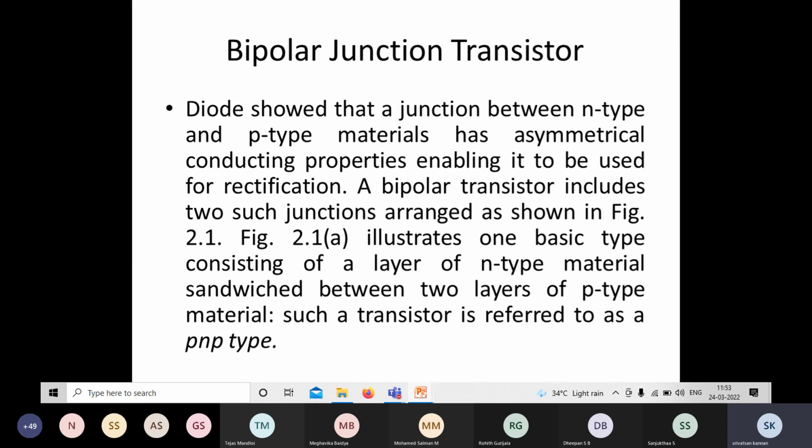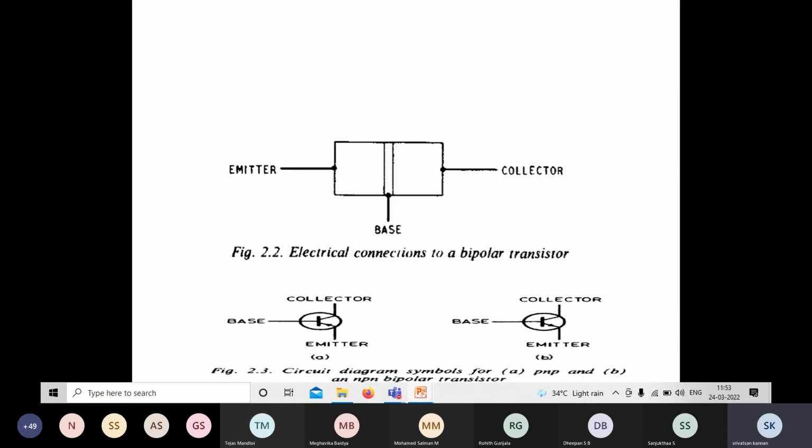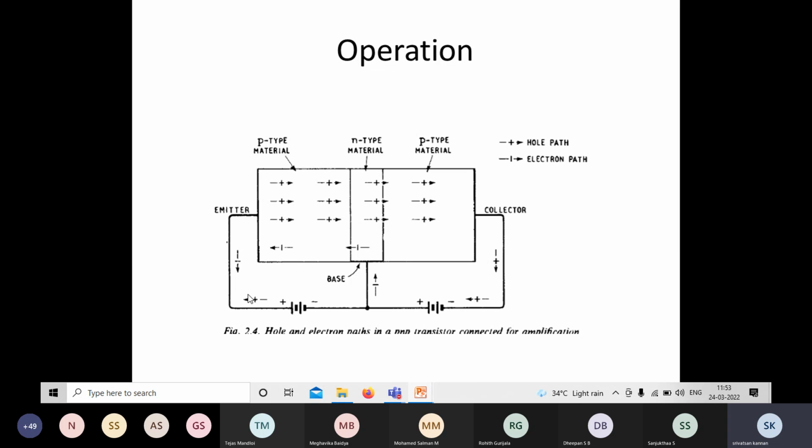And so we have the terminals emitter, base, collector, and the emitter-base junction is forward biased. So you can see the diagram. So this is the circuit symbol of the transistor. One is PNP, the other one is NPN transistor. So here the input junction is forward biased, the output junction is reverse biased.